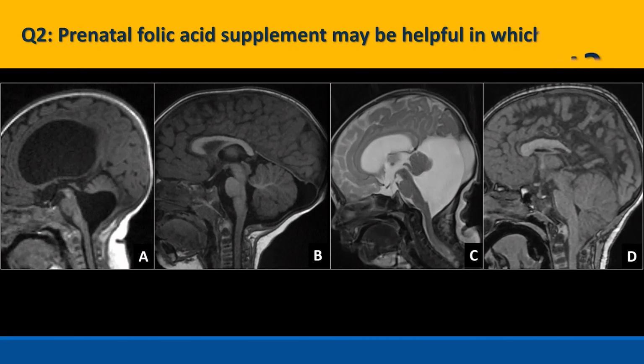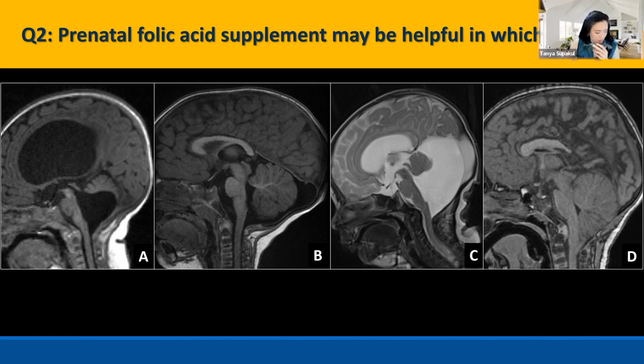Can you hear me? Yes, I can hear you. Okay. C looks like Dandy Walker malformation. I can't remember if that one's associated with poor folic acid, but that one seems the most severe.